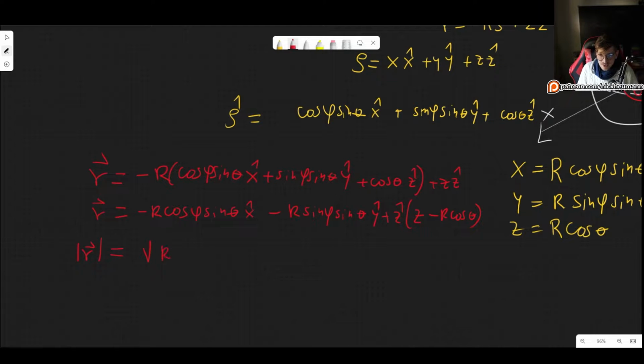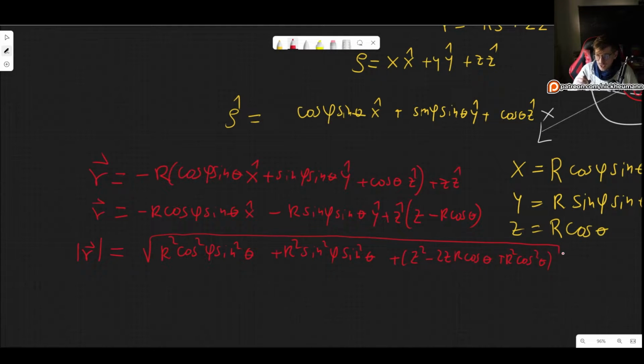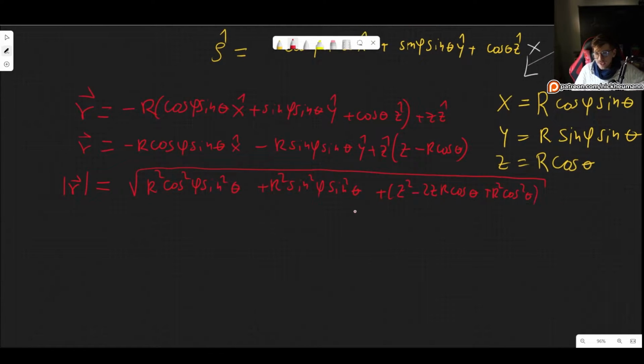So we get r squared cosine squared of phi sine squared of theta, plus r squared sine squared of phi sine squared of theta, plus, and here we have this squared term, z squared minus 2zr cosine of theta plus r squared cosine squared of theta, and all of this inside of a square root.